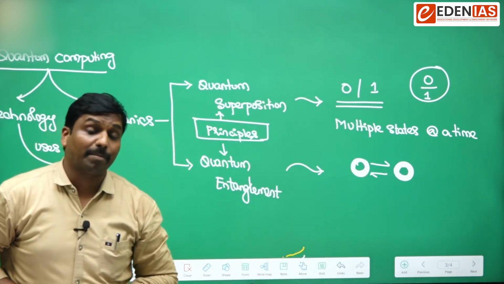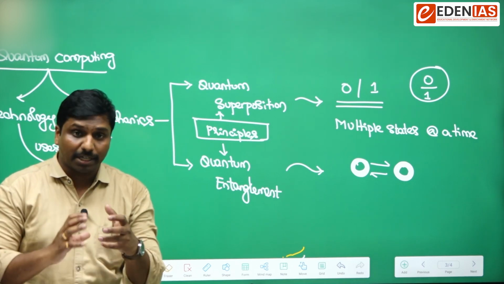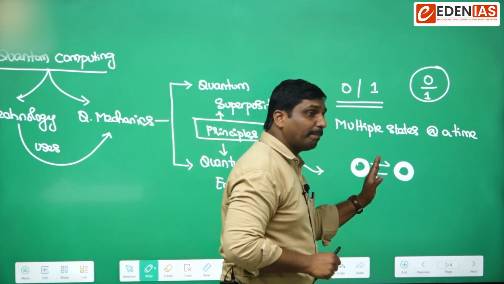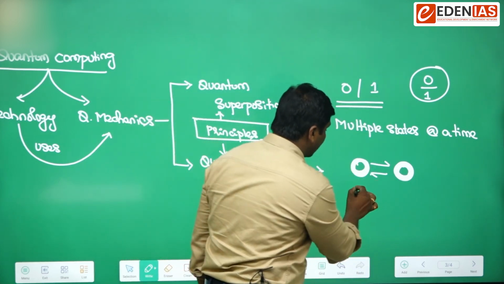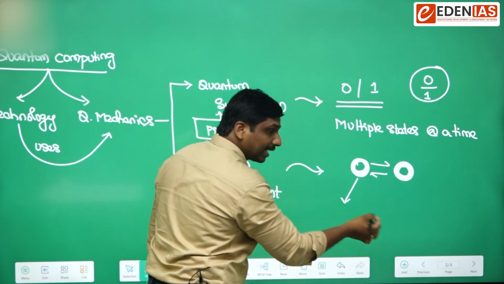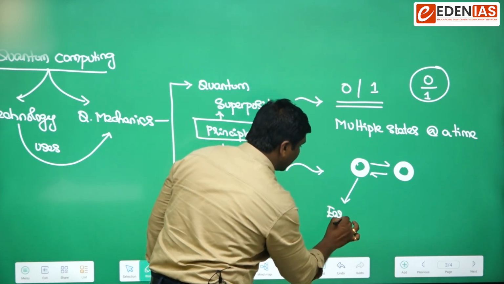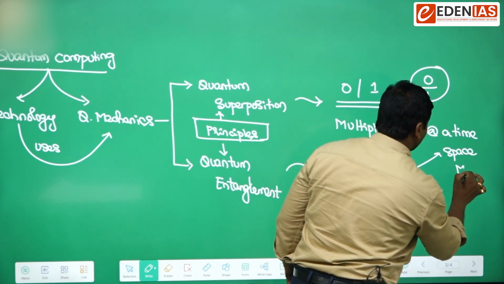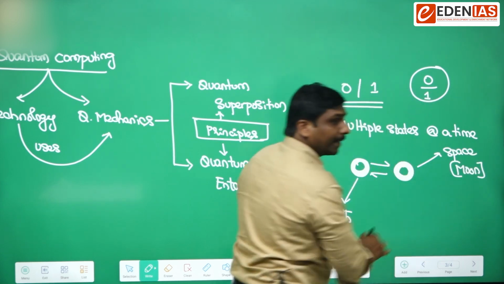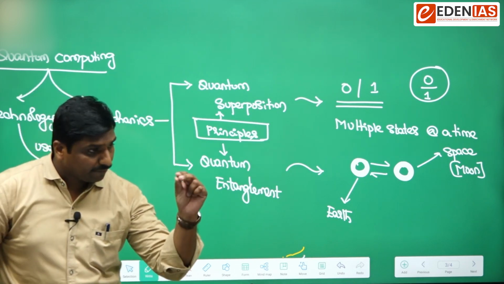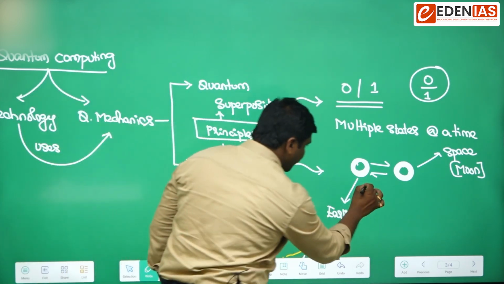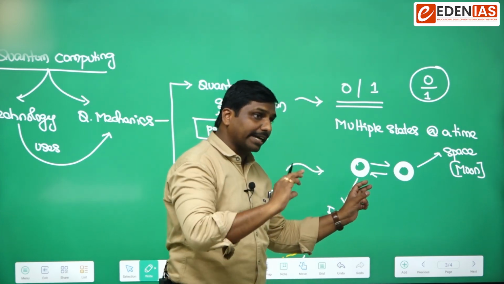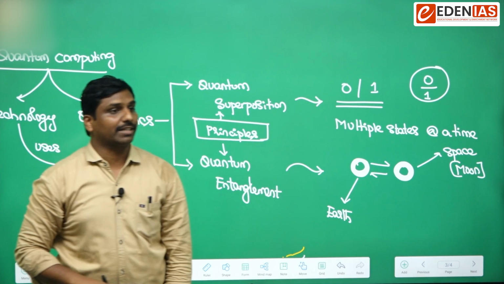And as I have said, subatomic particles have a unique behavior: even if you separate them by longer distances, like let's say you keep one on Earth and you take the other to space, you keep it on the moon, then if you make any minor changes to this, a similar kind of change can be seen in the other particle also.